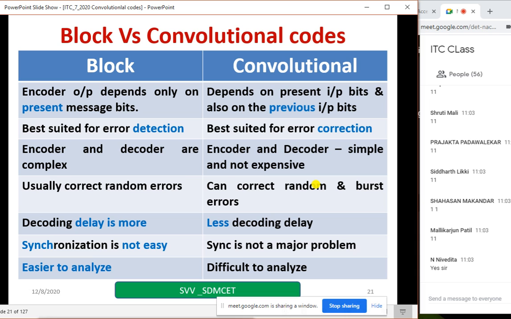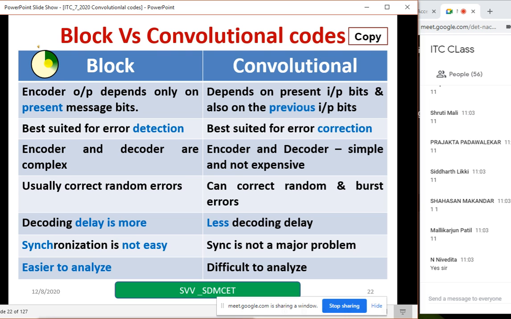Take 2 minutes and copy down the difference or comparison between block codes and convolutional codes. Block codes versus convolutional codes.